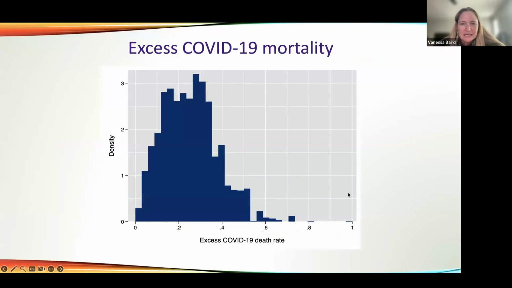And then she looks at excess COVID-19 mortality. Because COVID deaths are not really dichotomous: they might not be reported, and we weren't getting data on whether people had COVID for a while.